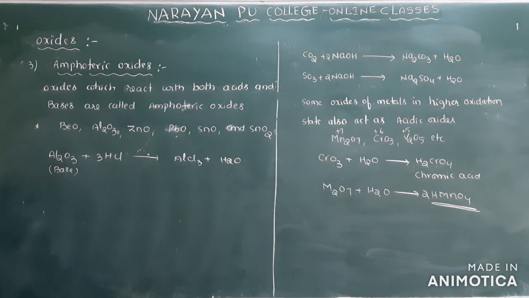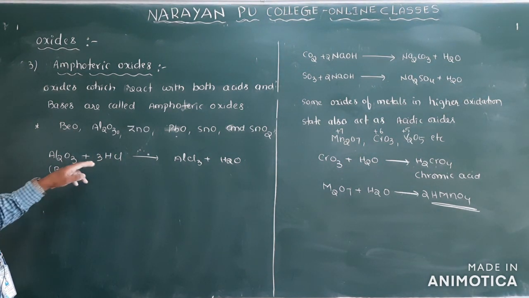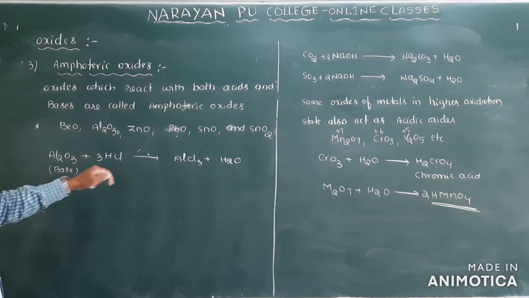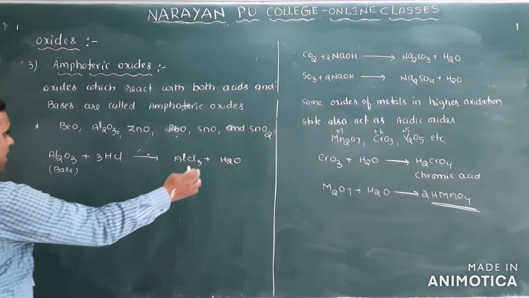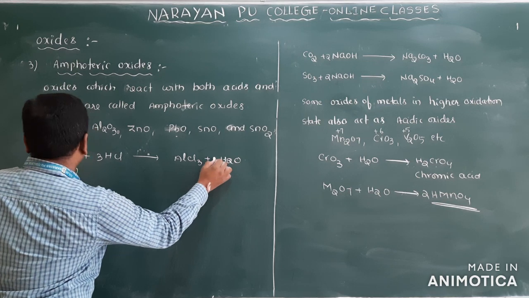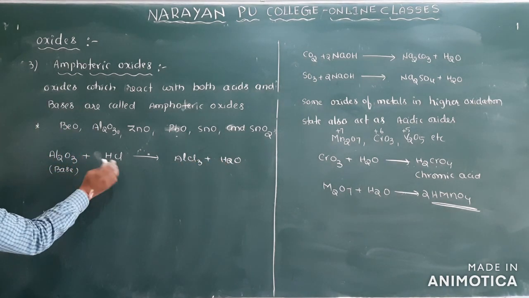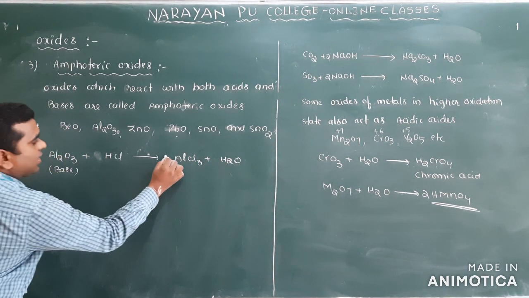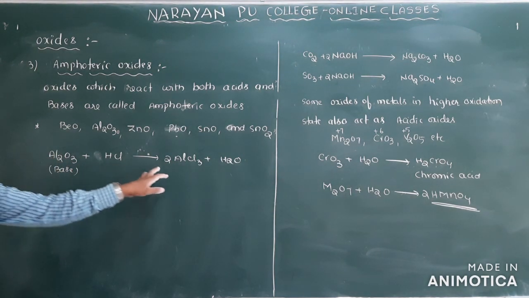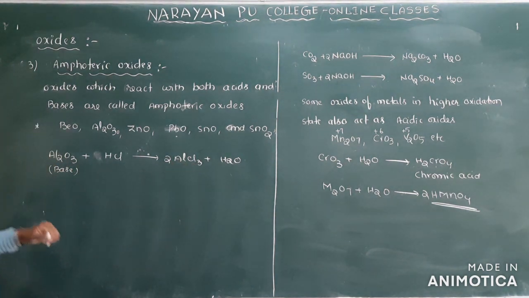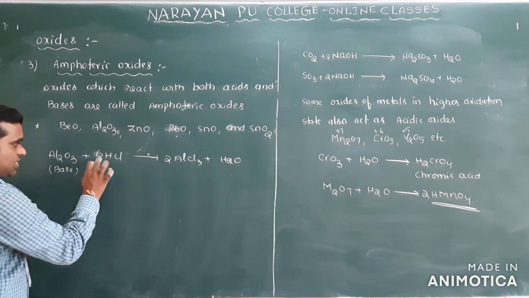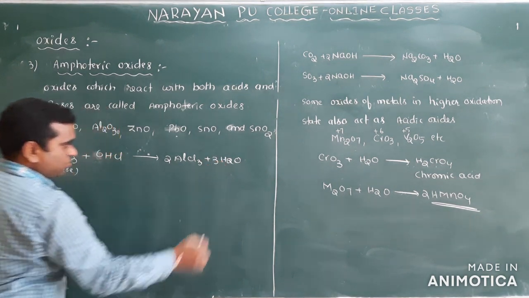How many hydrogen atoms are there here? Chlorine atoms 3, so hydrogen is also present. Take 2 aluminum, so multiply: how many chlorine atoms? 6. Multiply this with 3 for hydrogens, 6 hydrogens.